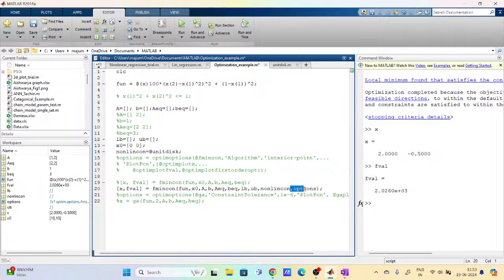Since there is a nonlinear constraint, you need to use this one. I'm not using options here. Options are used for different things.